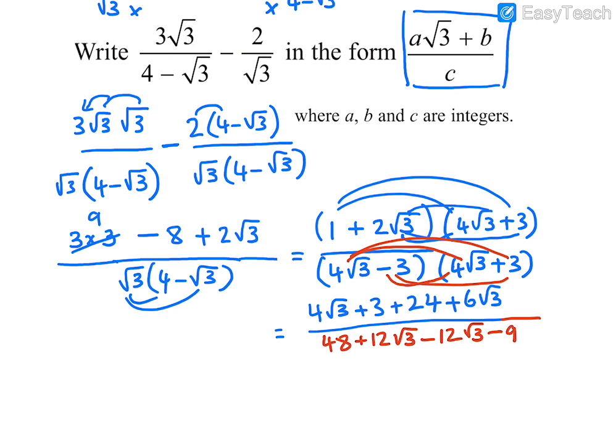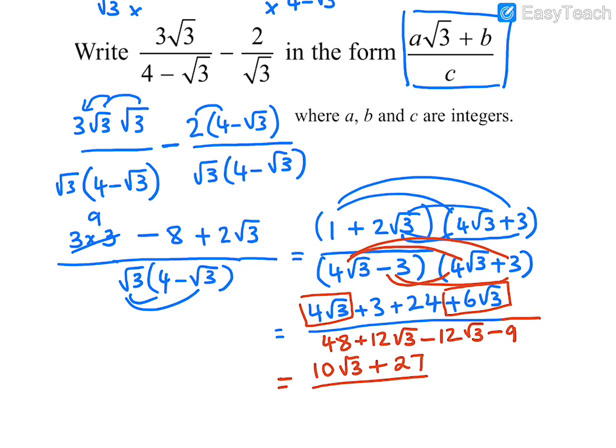Okay, so let's now simplify and see what we get. So at the top there, we've got 4 root 3, add 6 root 3. That's going to be 10 root 3. And then we have 3 plus 24, that's 27, over.